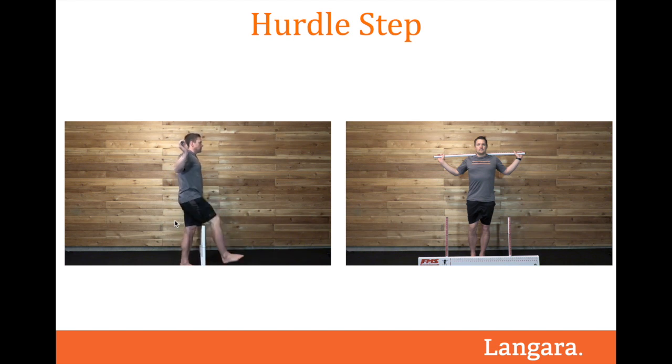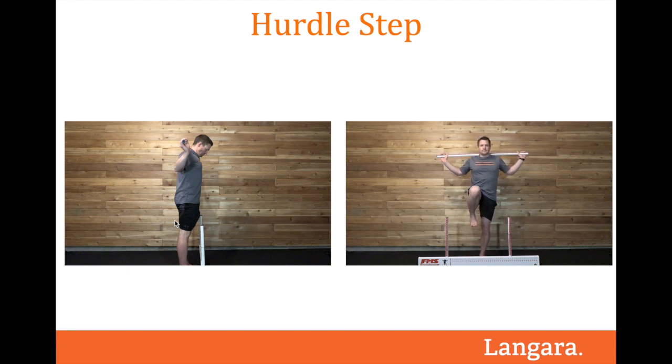Now my knee hit the cord there. That's fine. If it was my foot, then that would change the score. Let's look at the anterior view. Tracing that foot with knee and hip, stepping it over, coming back, returning to the start position.